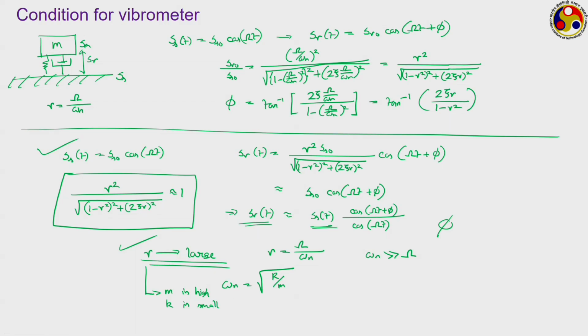So, high mass and low stiffness is the required condition for a vibrometer measurement.